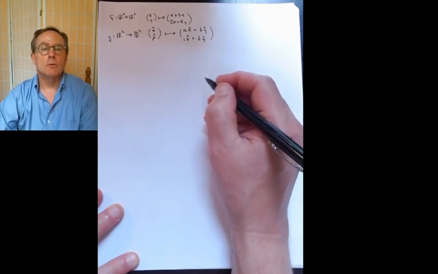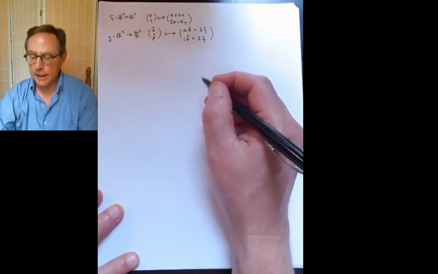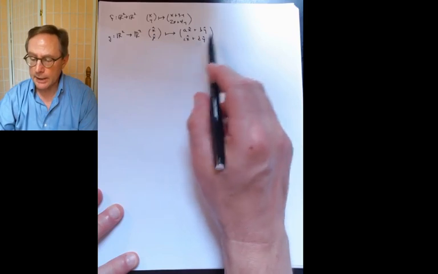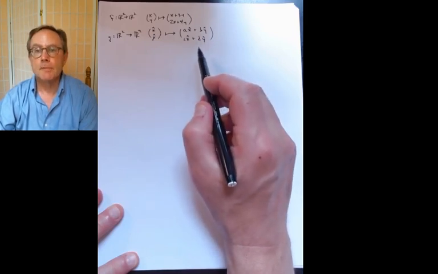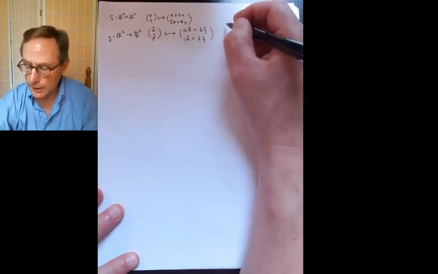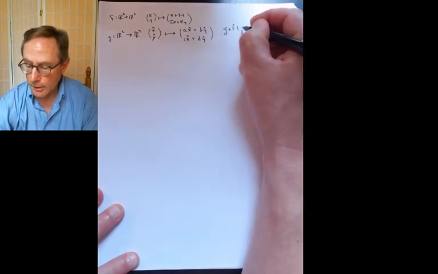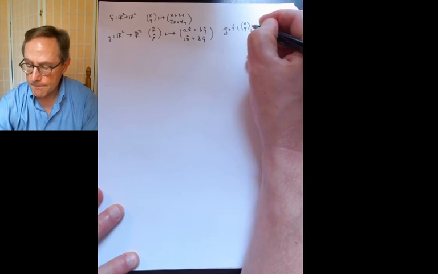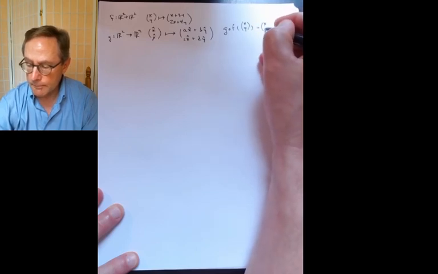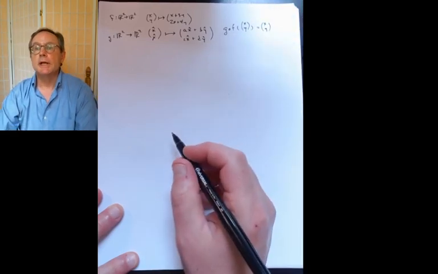So some general map from the plane to the plane. It takes the inputs x hat and y hat and it does things to them. And let's suppose then that I'm looking to find that g circle f of the input is the input back again. So I want g to be the inverse of f.